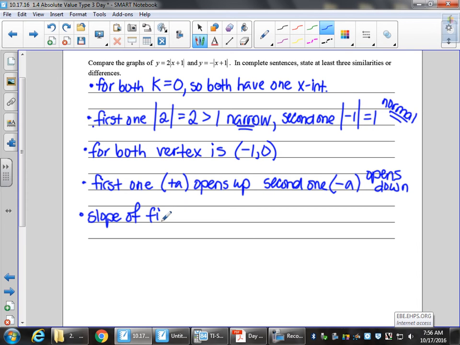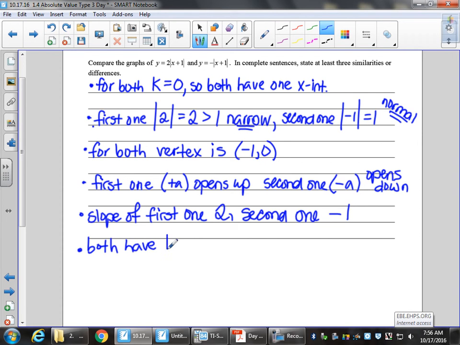First one, positive 2. Second one, negative 1. Good? Any others? Both h values. So what does that mean? Both have h equals negative 1. So what does that mean about their graph?